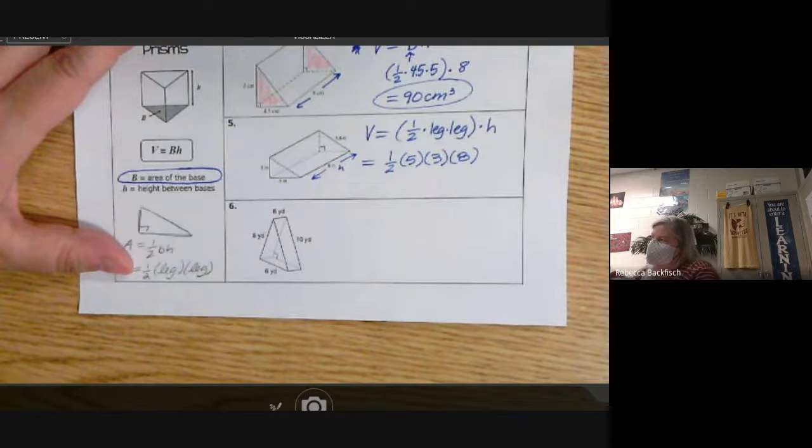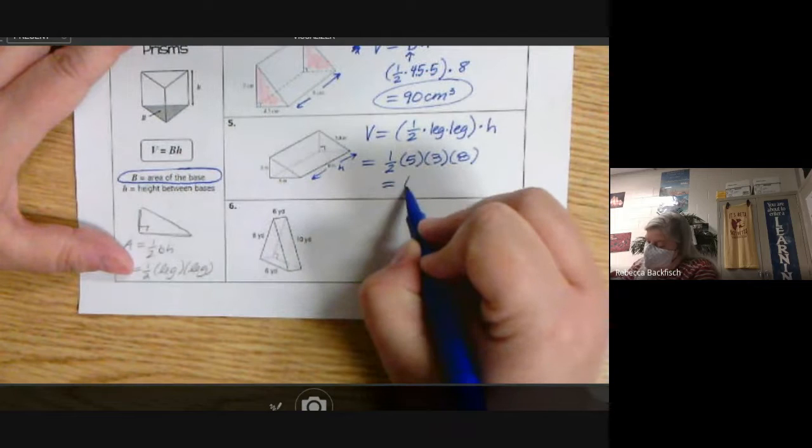I think that gives me 60, is that right? Cool. 60 meters cubed.